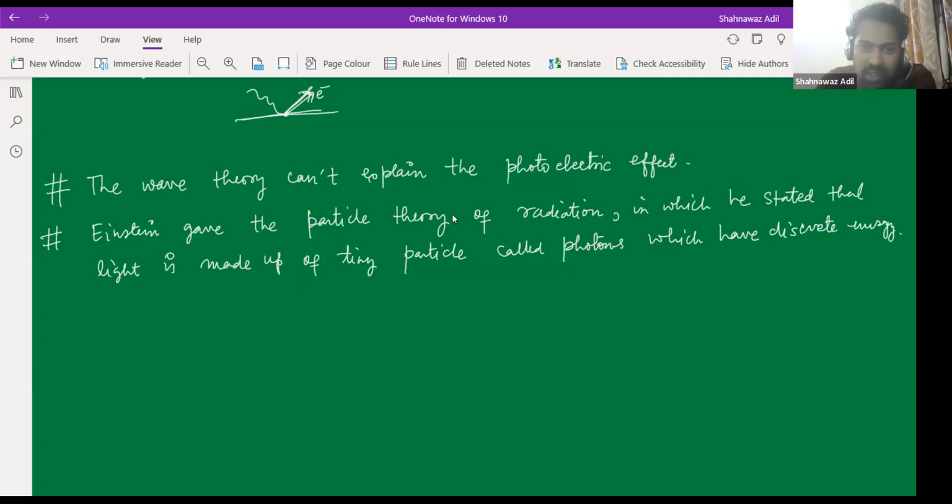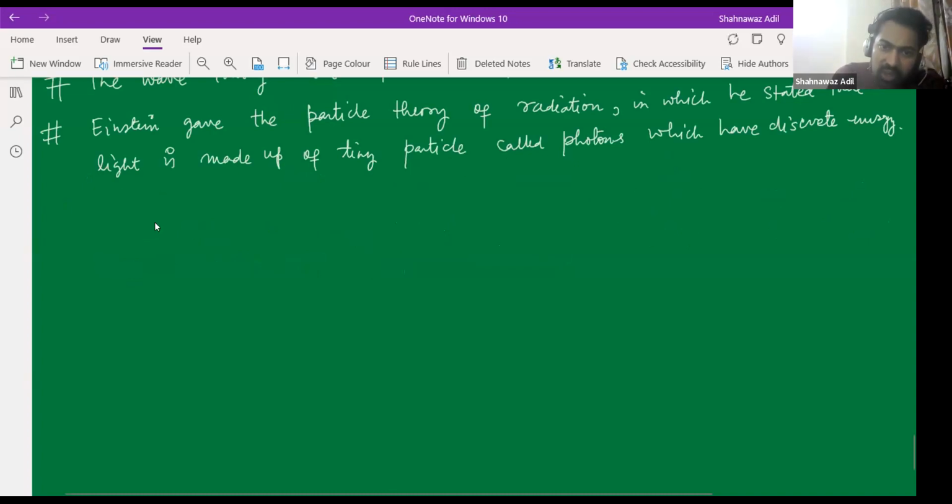So this is what he stated, and then he gave this idea of the photoelectric effect.